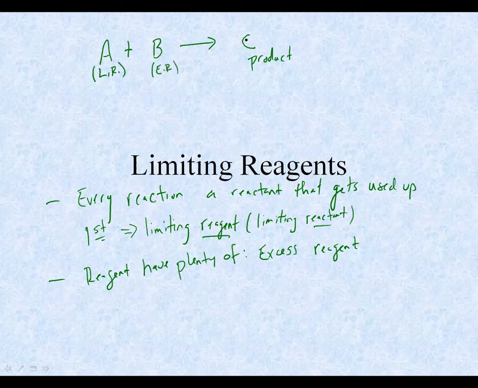So in order for this reaction to take place, we need A and B to come together. Why a limiting reagent is important is because once it's gone, you will no longer be able to produce product.